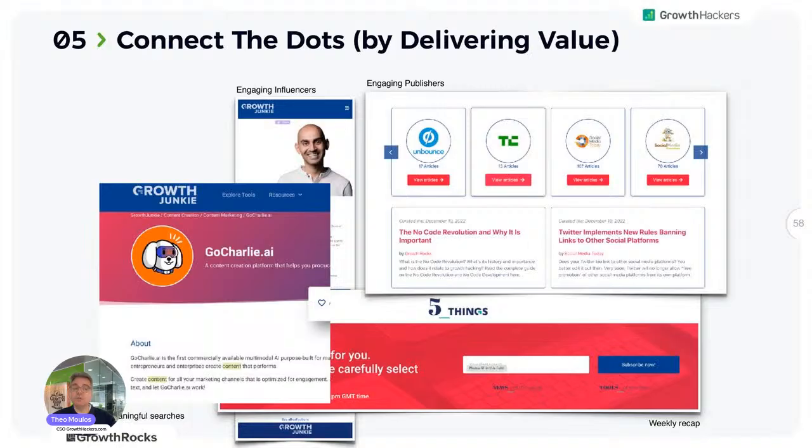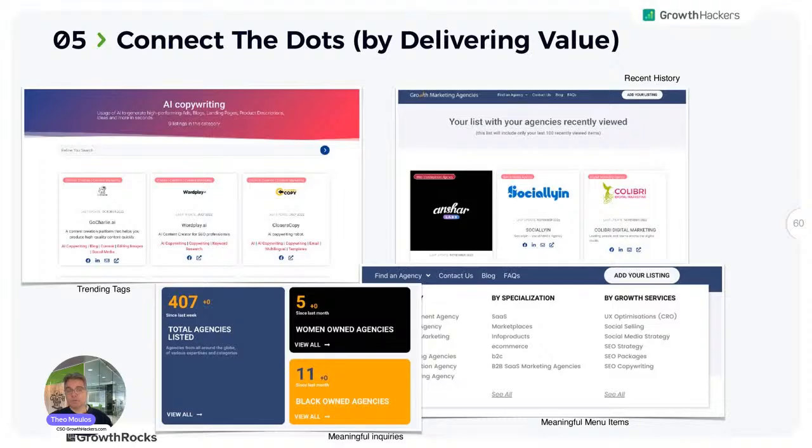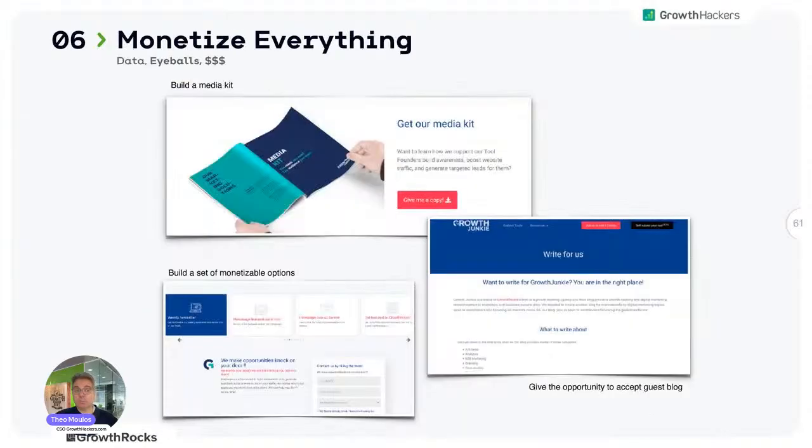It's by delivering value that you connect the dots, and you do it in a way that makes sense for you. So connecting the dots is not leaving something alone, but isolated. It's putting everything together. Your clients need to be everywhere. Your value needs to be everywhere. Your partners, find a way to build a network that will actually give value to your partners.